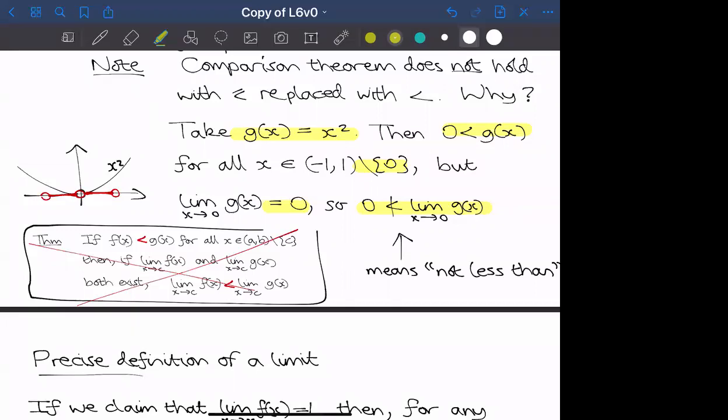Replacing less than or equal to with less than, just a moment. So less than is more information, so it makes it easier to prove the theorem. Replacing less than with less than or equal is a stronger theorem.